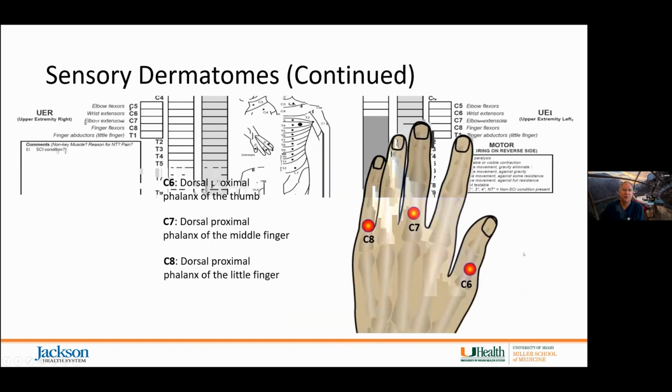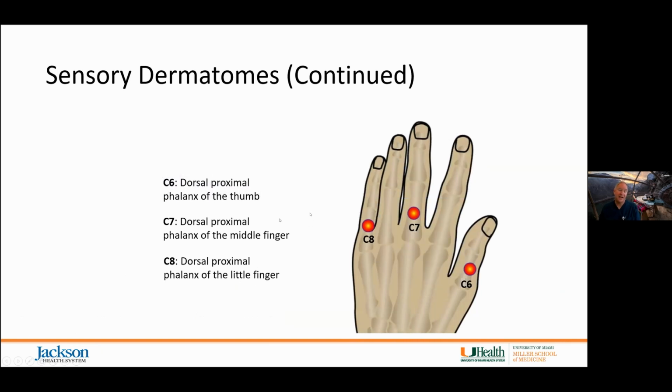Basically, as we're going through these, I'm going to jump down to the hand for a minute. We'll come back up to the elbow. C6 is the dorsal surface of the thumb. C7 is the dorsal surface of the middle finger, and C8 dermatome is the dorsal surface of the proximal phalanx of the little finger.